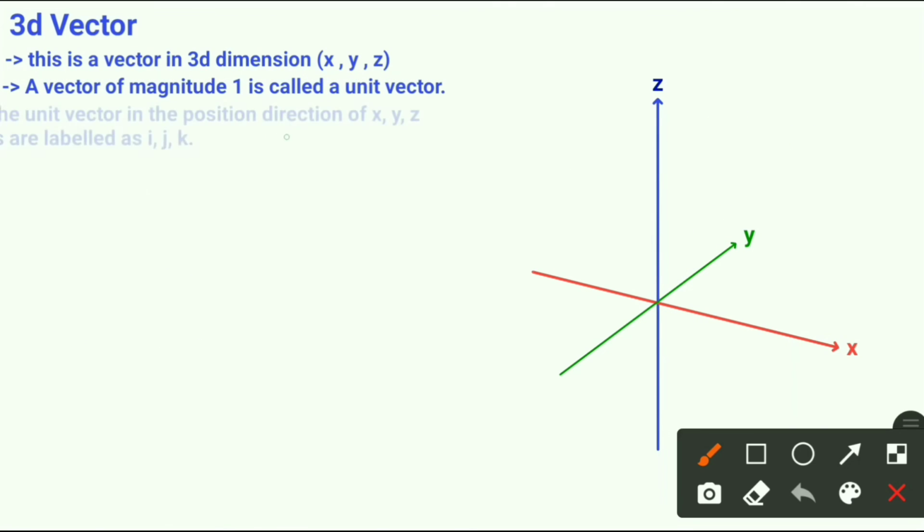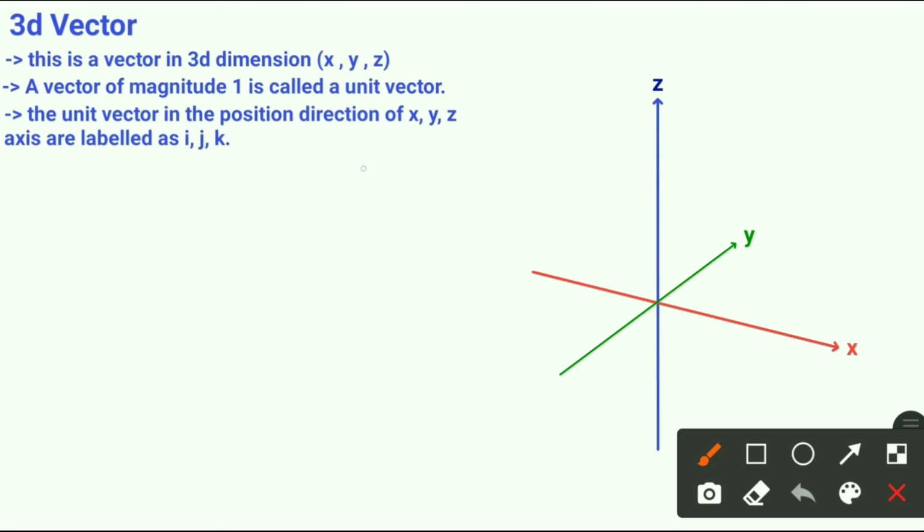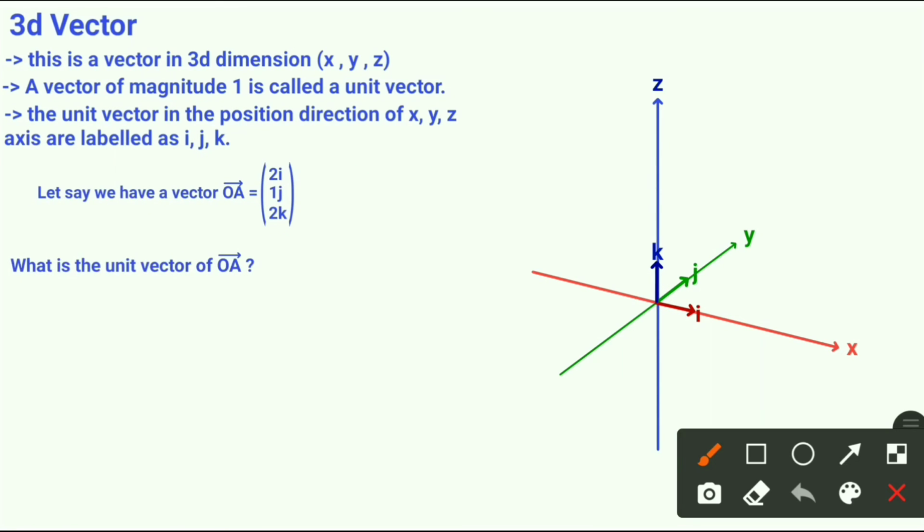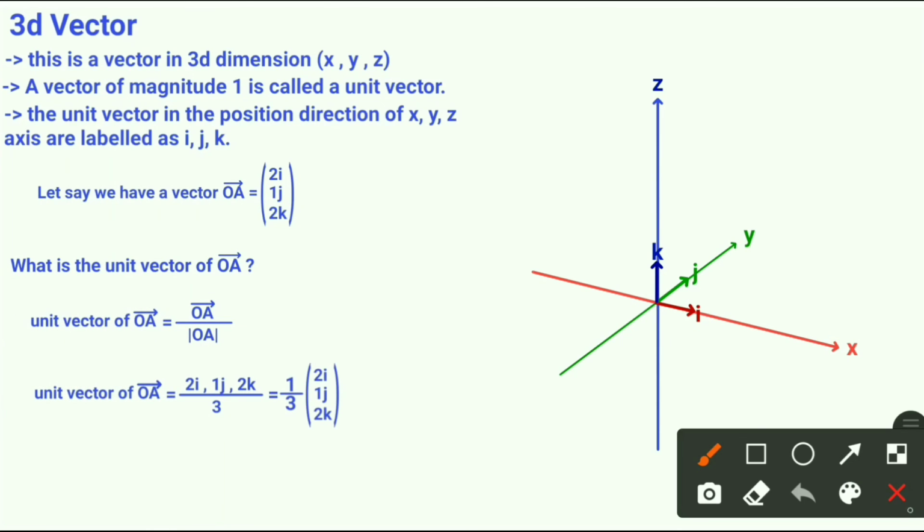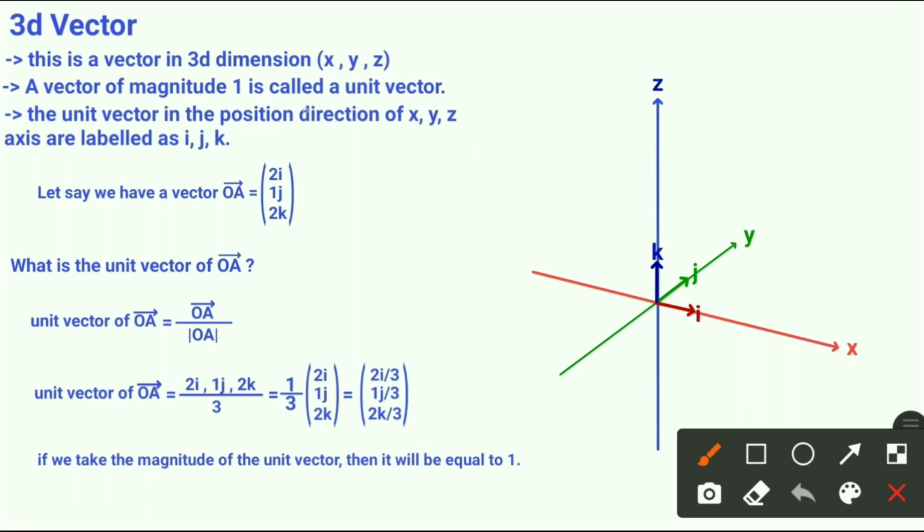A vector of magnitude 1 is called a unit vector. The unit vectors in the positive direction of x, y, z are labeled i, j, k. Let's say we have this vector. What is the unit vector of this? This is how you find the unit vector.